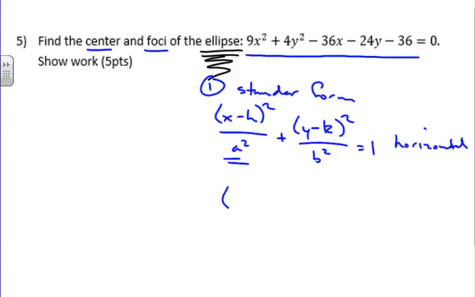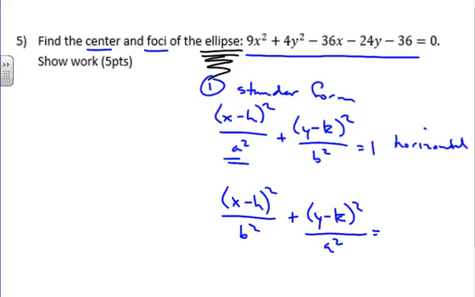We can also have (x minus h) squared over b squared plus (y minus k) squared over a squared equals 1. This is what we call a vertical ellipse. How do you determine the a values? Whichever one is larger on the bottom, and that tells us whether it goes left or right, horizontal, or up or down, vertical.